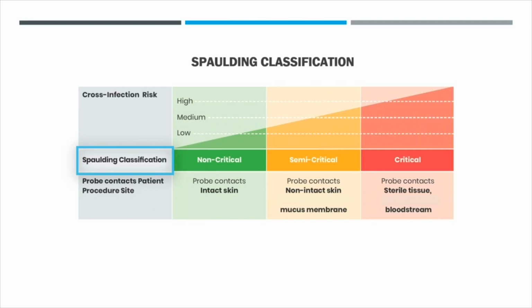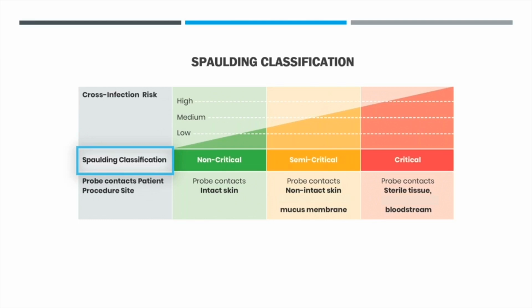So non-critical devices are those that come in contact with healthy, intact skin that is not contaminated with body fluids. Semi-critical devices come in contact with wounds, for example, non-intact skin, or mucous membranes. An example of this might be a toe probe or a toe study or a transvaginal study.